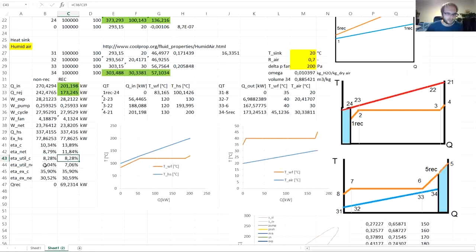The very slight difference in the net utilization efficiency is caused by the very slight difference in the fan work. And now for the exergy efficiency, again, we did not do anything to the heat source. We have the same work of the cycle, so we have the same exergy efficiency of the cycle. Slight difference in the net exergy efficiency, again due to the fan.